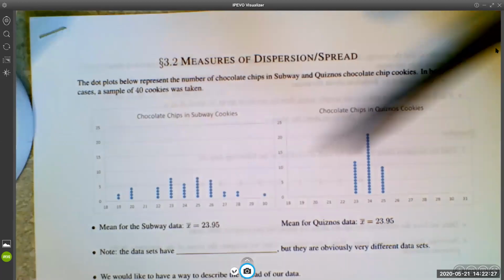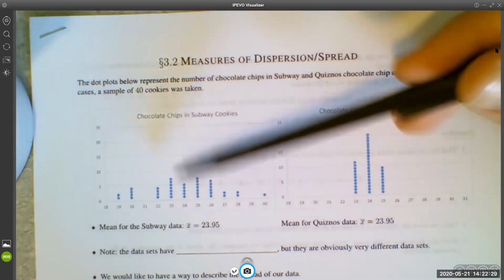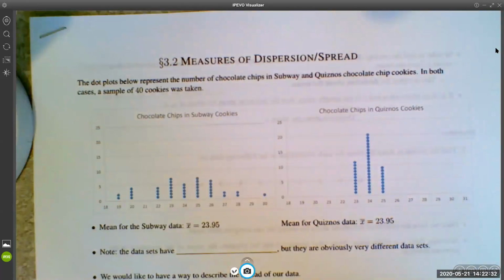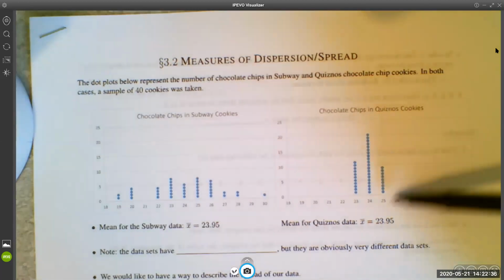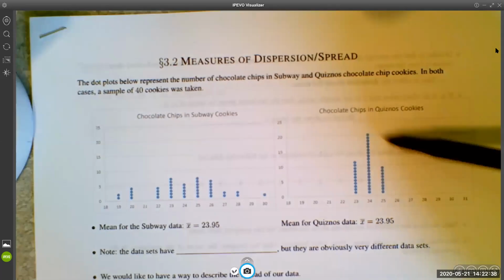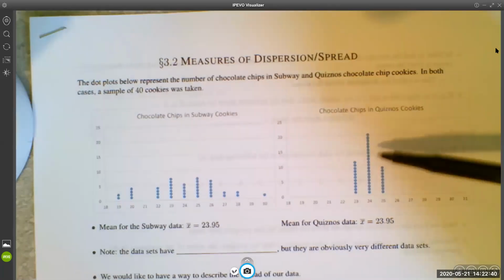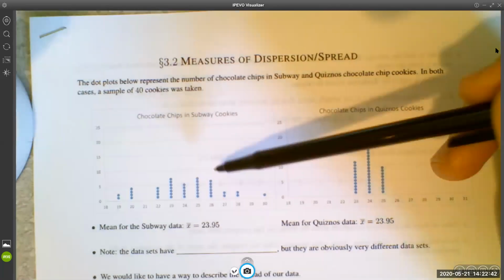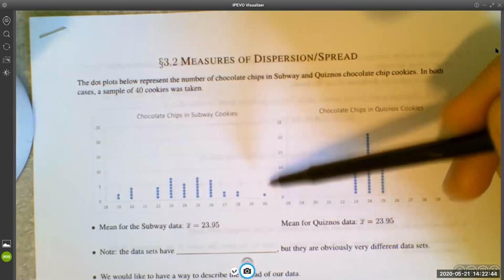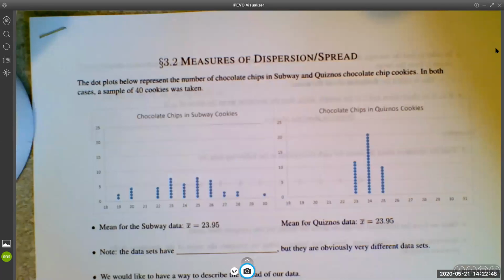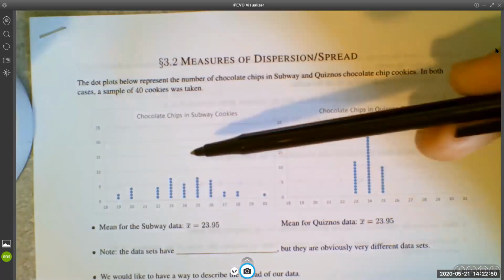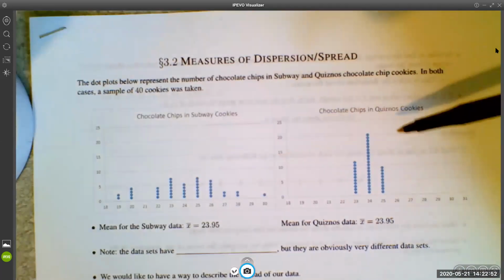The Subway cookie data is a lot more spread out than the Quiznos cookie data. Another way to say that is that the Quiznos cookies are a lot more consistent with the number of chocolate chips they have. Whereas with the Subway data, you could have a chocolate chip cookie with 30 chocolate chips in it, but you could have one with only 19 chips in it, right?